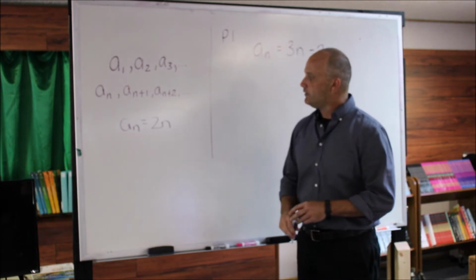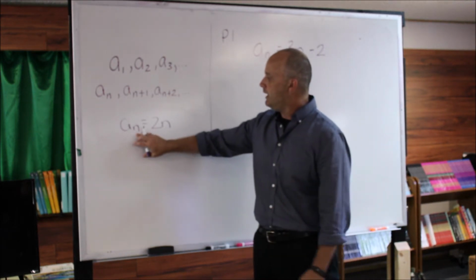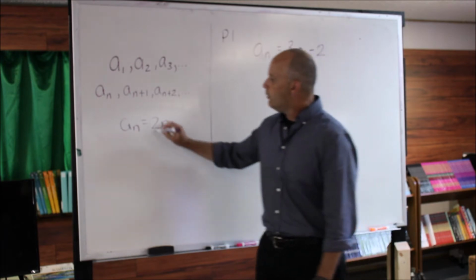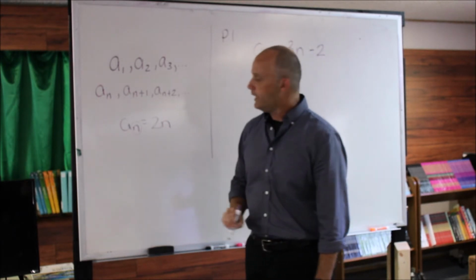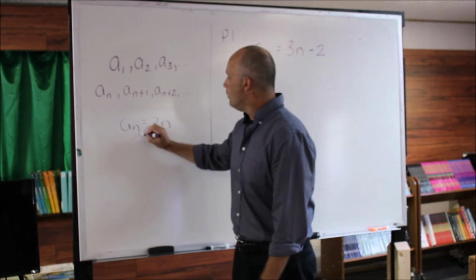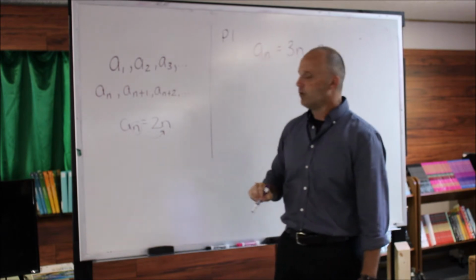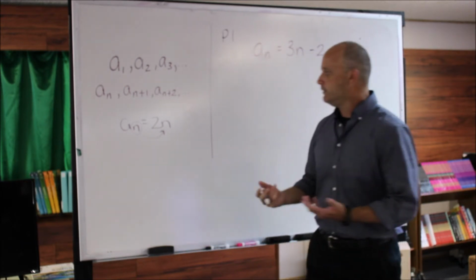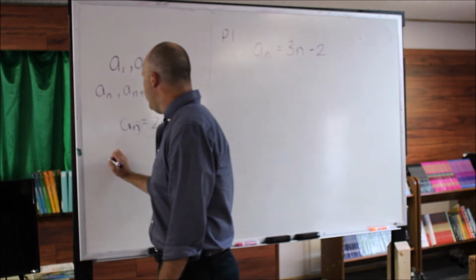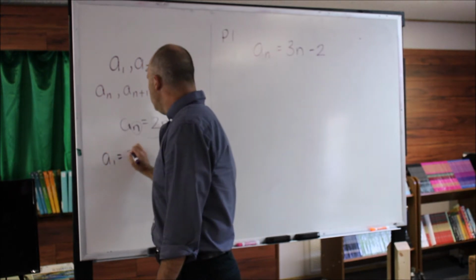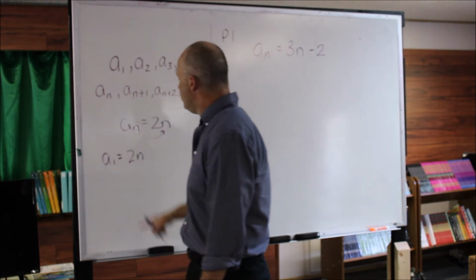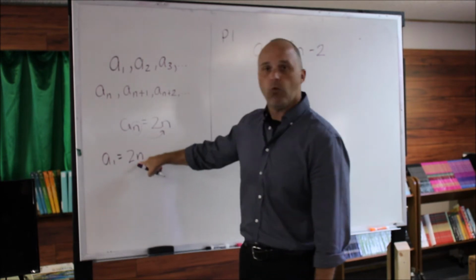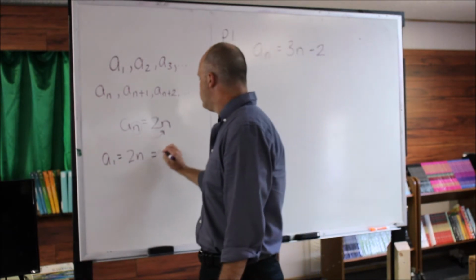Another way we can look at this is if we say that a sub n is equal to 2n, whatever number we plug in for n, we also substitute into that equation. An example of this is a sub 1 equals 2 times 1. We substitute that 1 for the n, and that gives us 2.